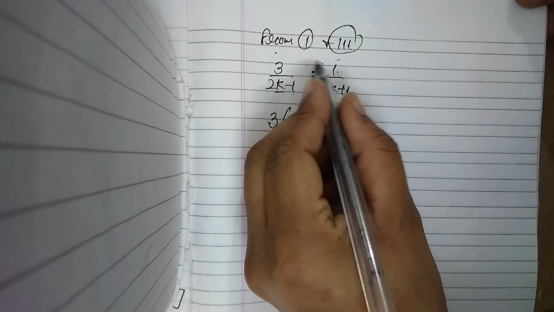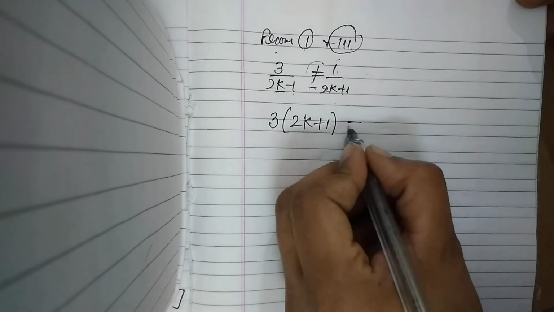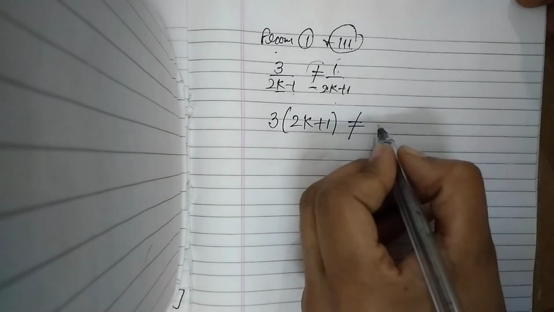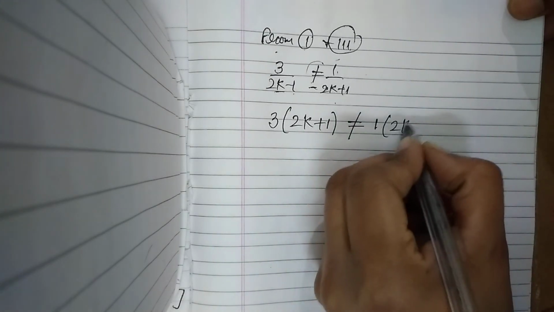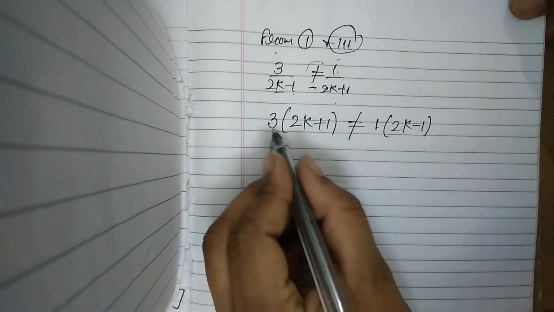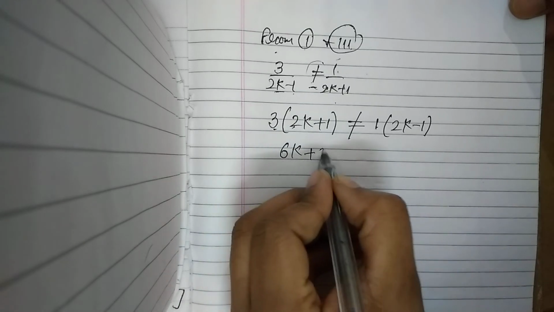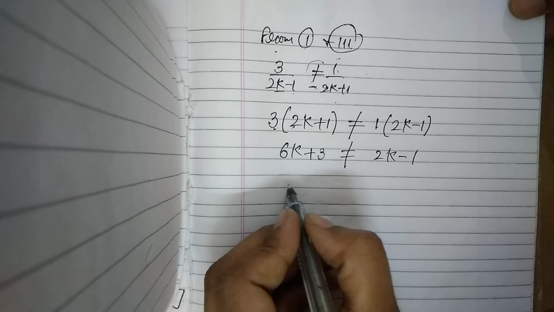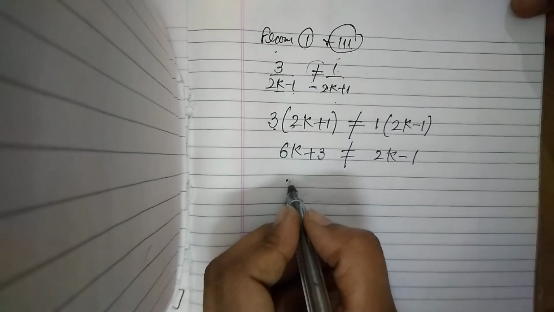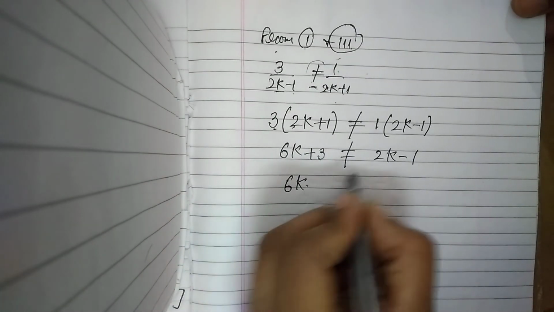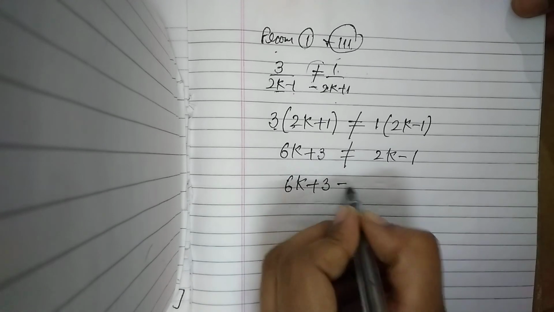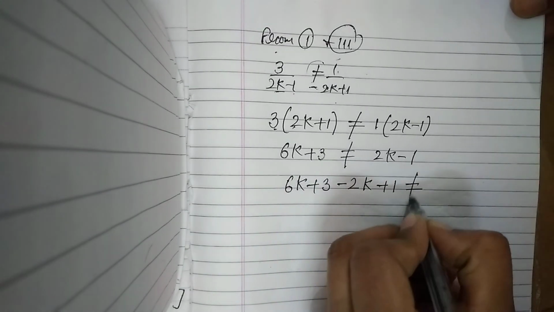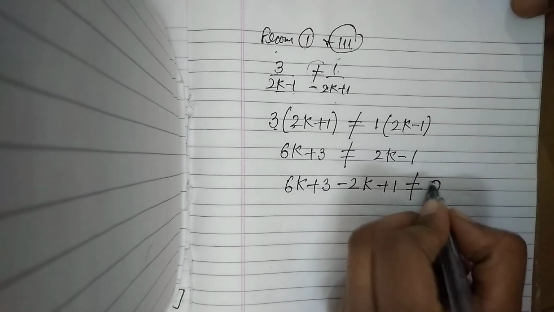Here the sign is not equal to, so take the sign not equal to. Don't change the sign please. 1 is multiplied by 2k minus 1. Now 6k plus 3 is not equal to 2k minus 1. All values shifted to the left side by changing their sign: minus 2k plus 1 is not equal to 0.